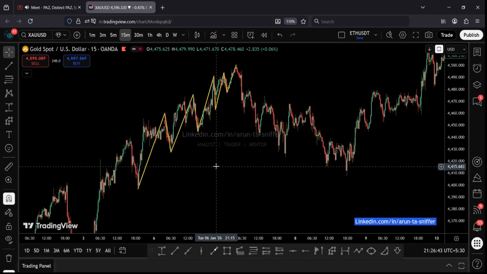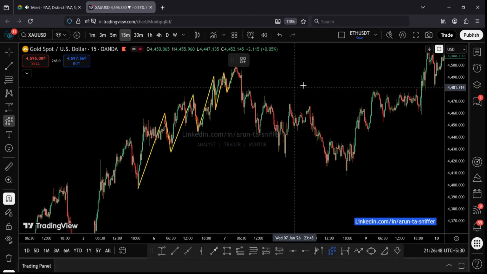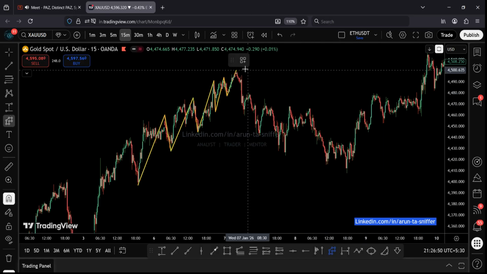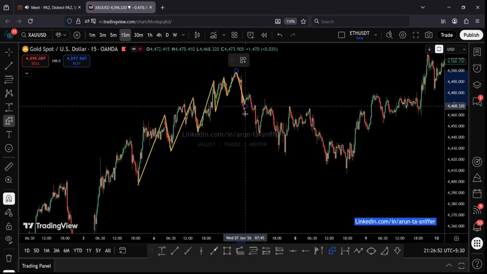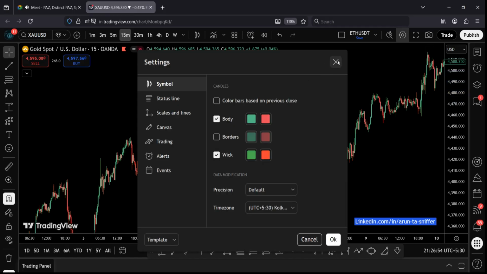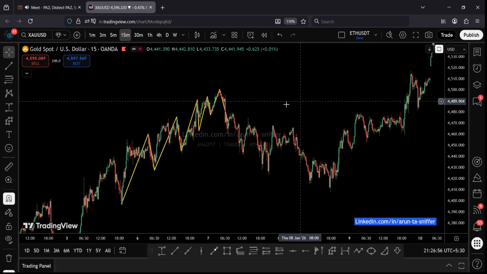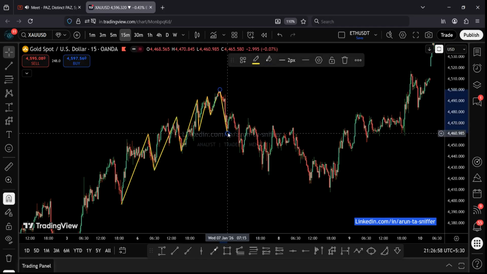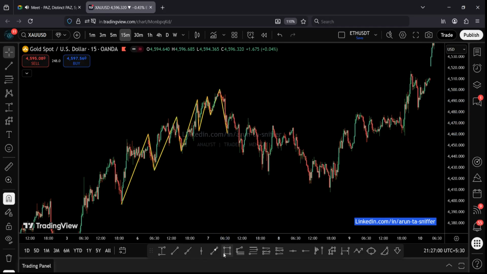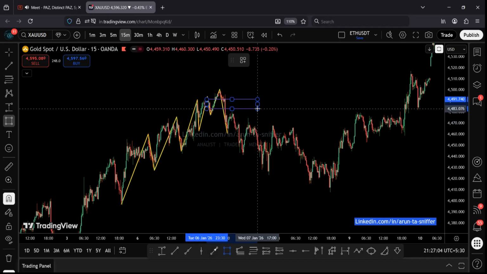Okay, so when price reversed, what happened? Price comes down here, okay, and goes up again. Where does this go up? In this price action zone.